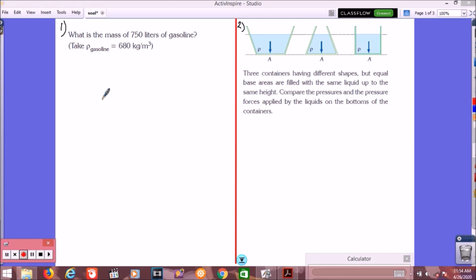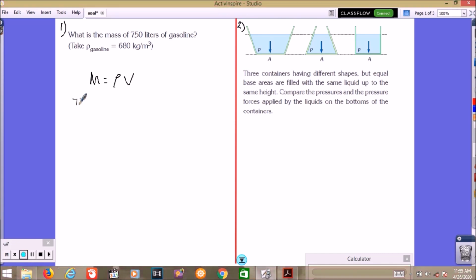We have the formula, the mass equals rho times V. We have rho here, and then we have V, but the volume is not in SI units, so we have to convert 750 liters to meter cubed.